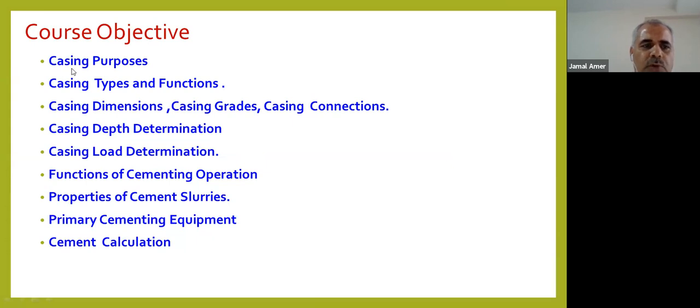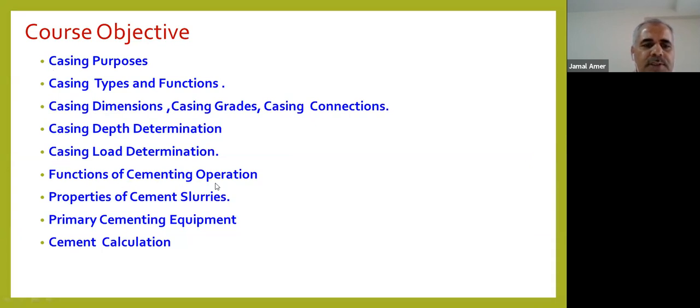So our course will go quickly through casing purposes, casing types and functions, casing dimensions, casing grades, casing connections, casing depth determination, casing load determination, and function of cementing. These topics focus on the casing.